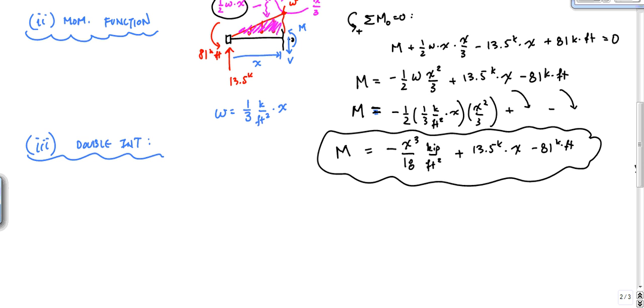If I integrate this one time, or take the antiderivative, I would get EI times dv/dx, which is the same as EI times theta, or the slope, is minus x to the 4th over 18 times 4, which is 72, kip per foot squared.